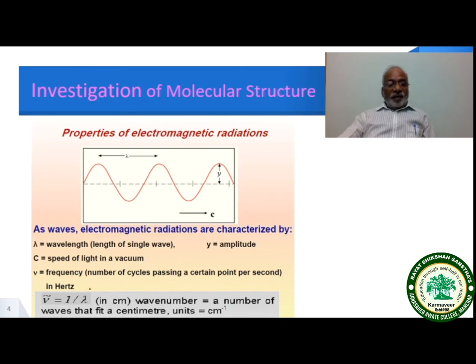If we measure the wavelength in centimeter, then wave number is measured in centimeter inverse. In spectroscopy, it is important that all the parameters like frequency, wave number, wavelength, and also energy are measured in centimeters, because this is the important unit.